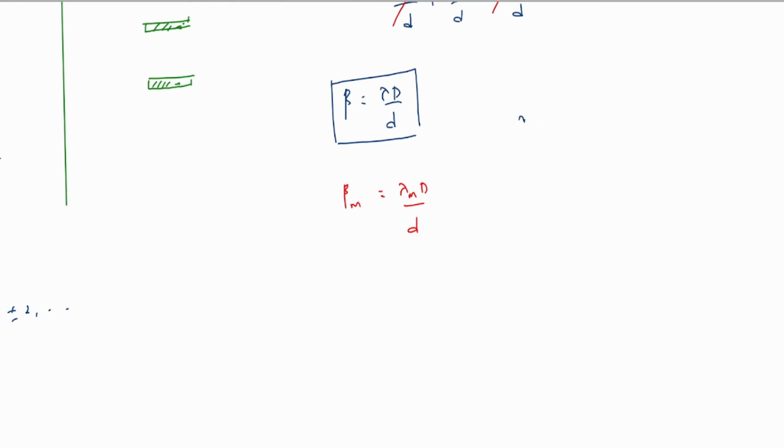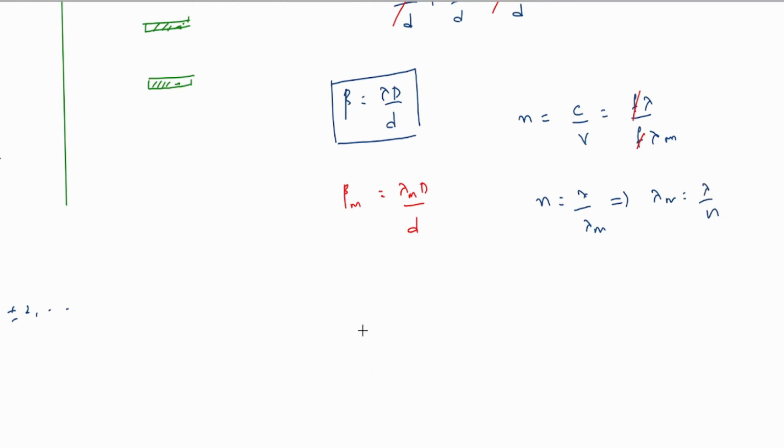Recall that refractive index is defined as the ratio of the speed of light in free space, c, by v, where v is the speed of light in that medium. But here what we want is to express n in terms of lambda. So we can write n as frequency into lambda in free space by frequency into lambda in the medium. The lambda here indicates the wavelength of the light in free space. Therefore n is equal to lambda by lambda in the medium, which implies lambda in the medium is equal to lambda by n.